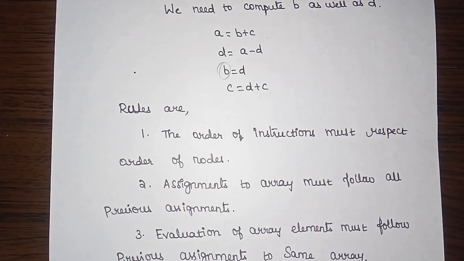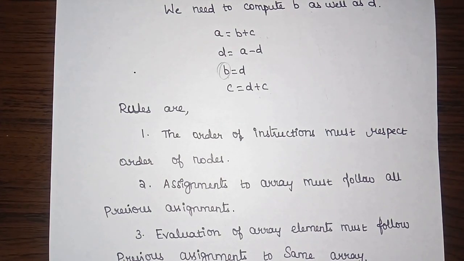Then the second rule is assignment to an array. When there is an assignment to an array, it must follow all previous assignments and evaluations according to the order of the instructions in the original basic block. Then the third rule is evaluation of array elements. The evaluation of array elements should follow the previous assignments to the same array.